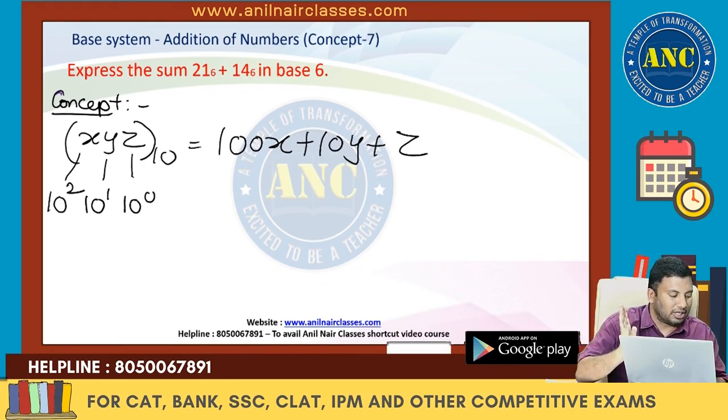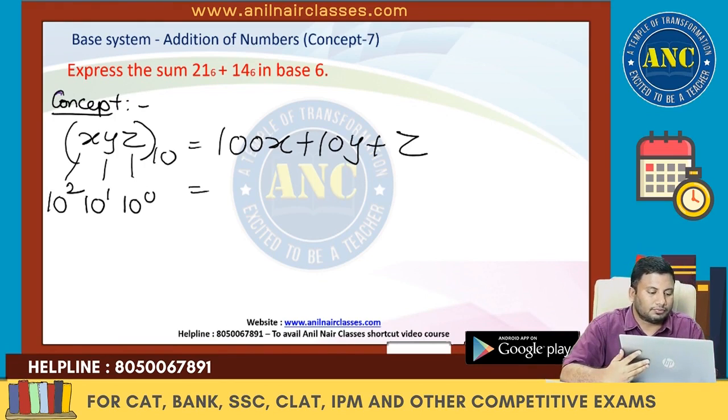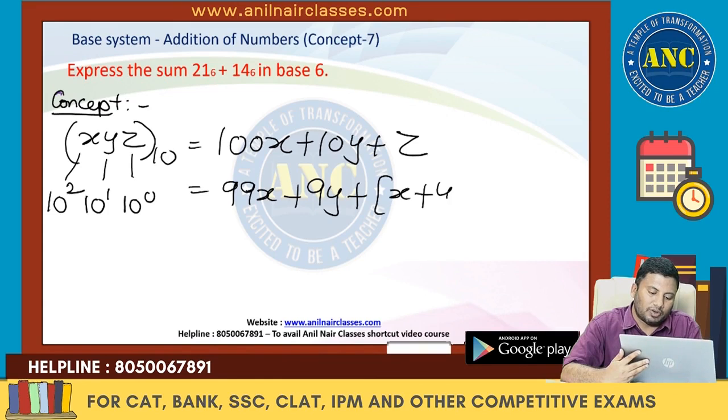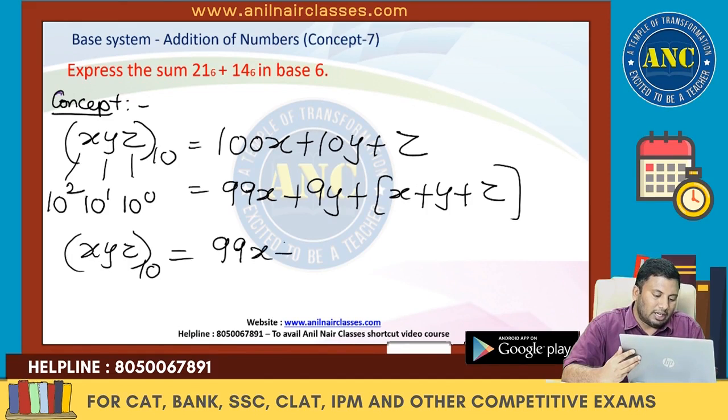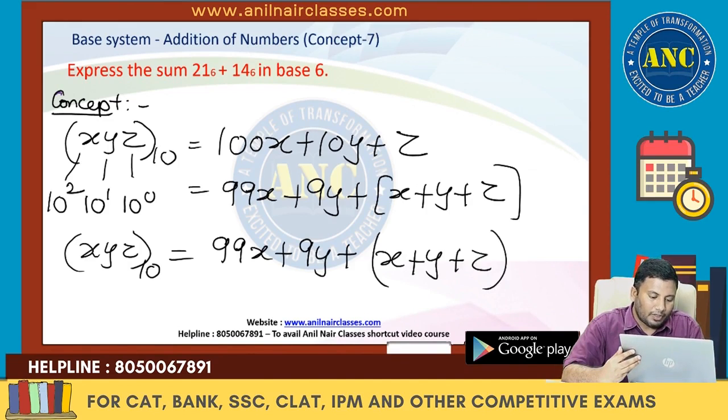That is 99x plus 9y plus x plus y plus z. That means if XYZ in base 10 is there, it is 99x plus 9y plus x plus y plus z. Are you with me?